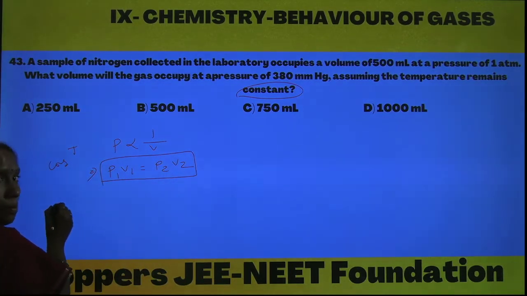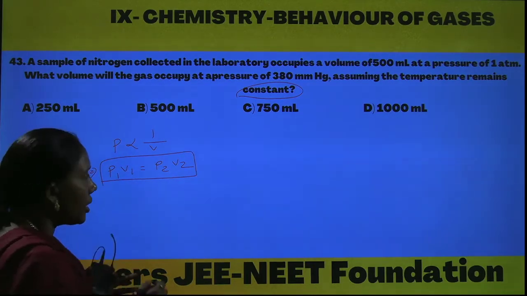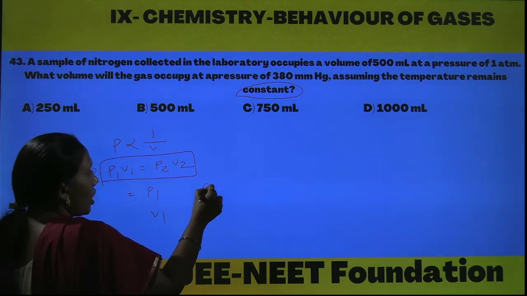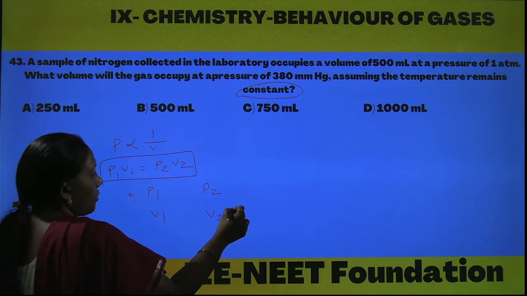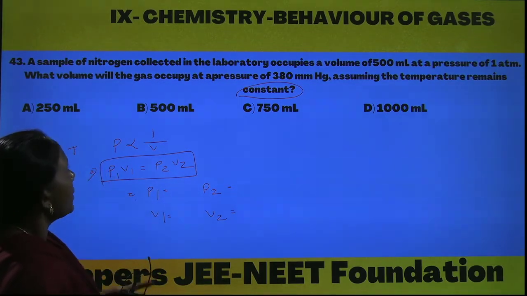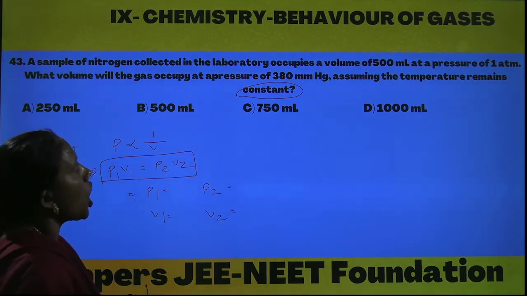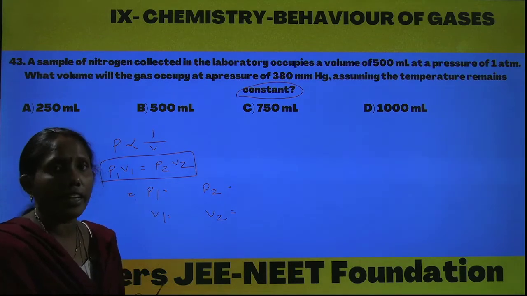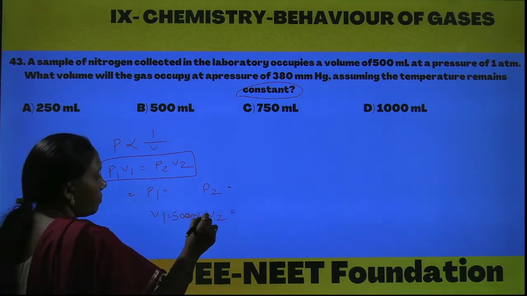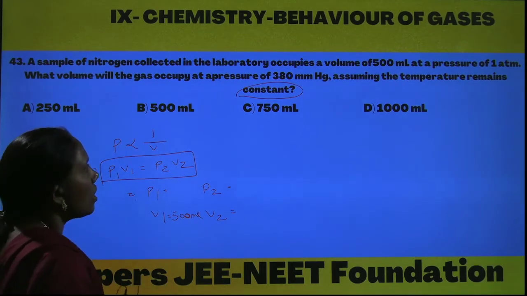This is the formula we have to use for this problem. So from the given problem, let's check what data is given. What is P1, what is V1, what we have to find, P2 or V2. A sample of nitrogen collected in the laboratory occupies volume 500 ml. So V1 is 500 ml at a pressure of 1 atmosphere.